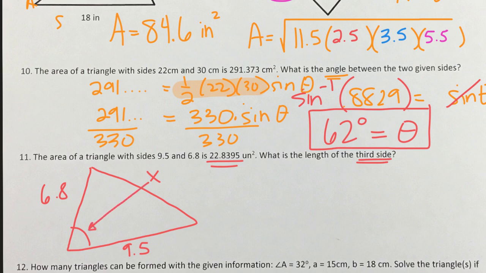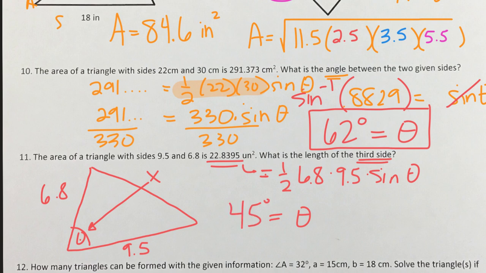So I'm going to do the same steps as I did in the previous problem. Take this area and set it equal to half of 6.8 times 9.5 times the sine of that angle, and solve this for theta. Okay, let me do that. So 45 is the measure of the angle between them.